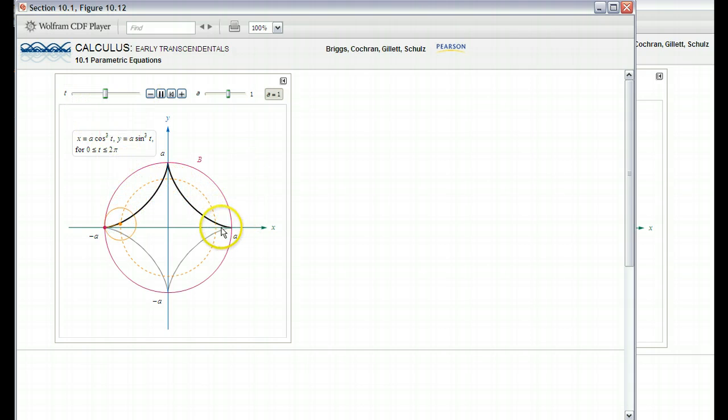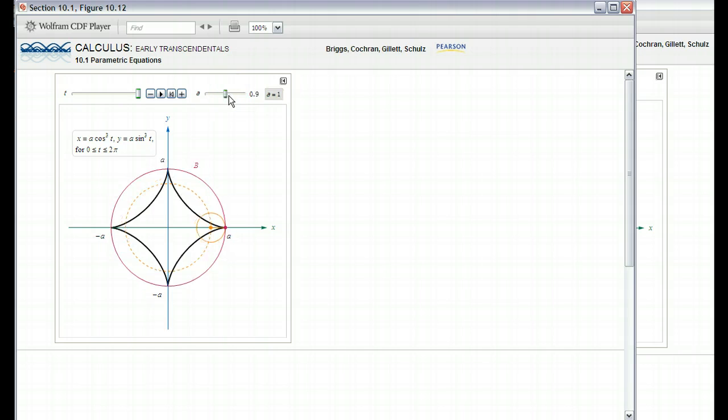And we notice that the point on the circle A is a fixed point on the circle, and that circle A is rolling on the inside of circle big B. So let's see what happens if we modify the value of a, because notice we have a equals 1. That's the circle we're working with right now, and this slider allows us to change the value of a. So a is the radius of circle big B, remember.